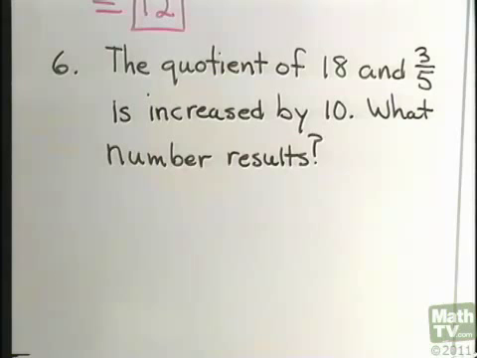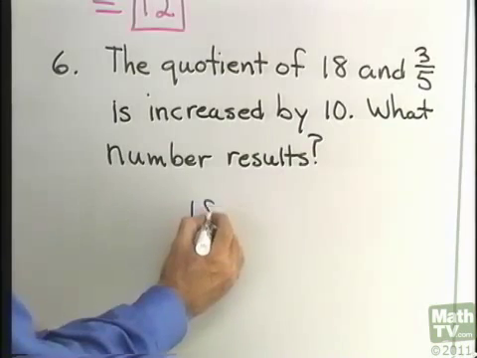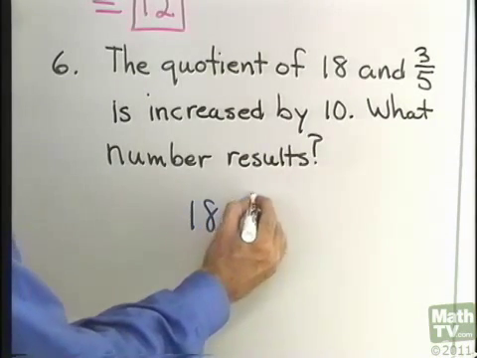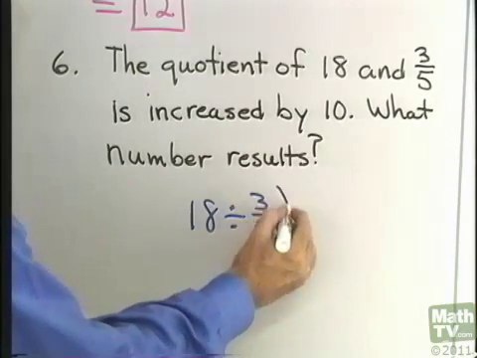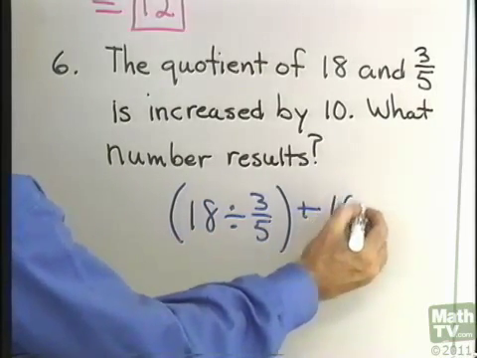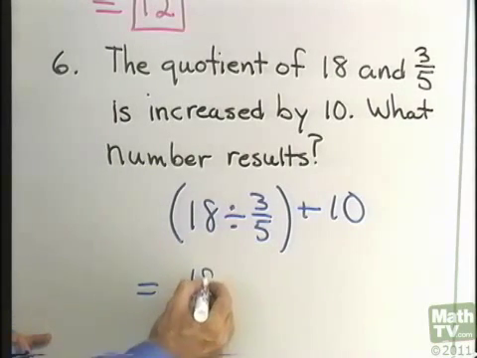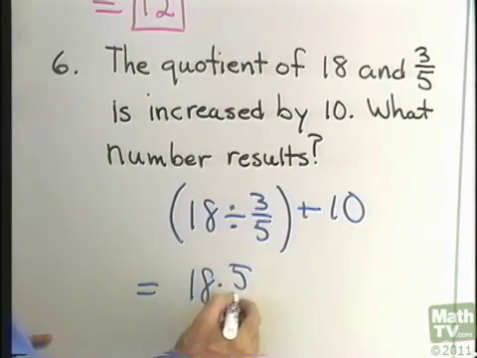Here's another example. Written in words, I have the quotient of 18 and 3/5 is increased by 10. What number results? Okay, the quotient of 18 and 3/5 is 18 divided by 3/5. That quotient then is increased by 10, so I want to add 10 to it. 18 divided by 3/5 is the same as 18 times 5/3.